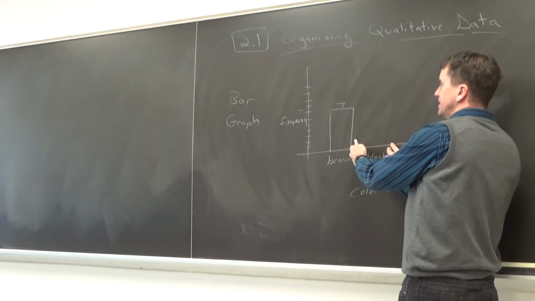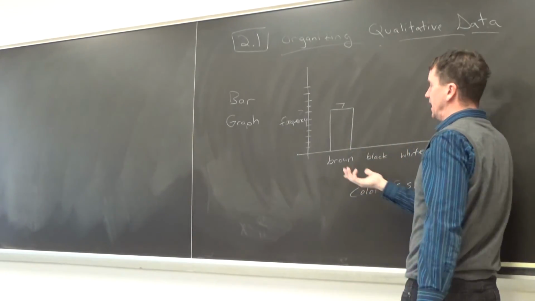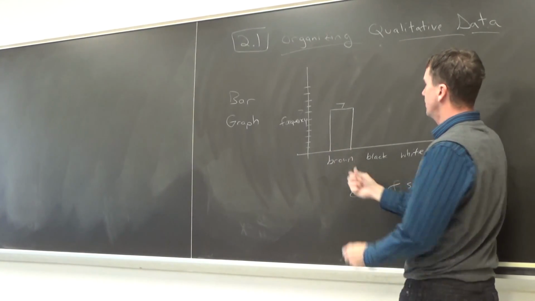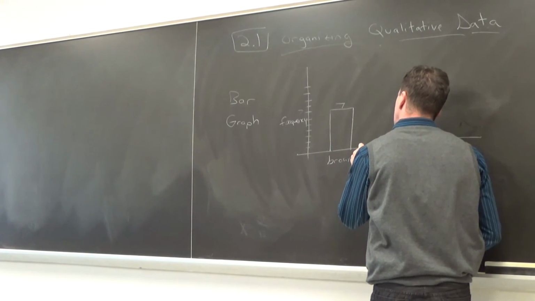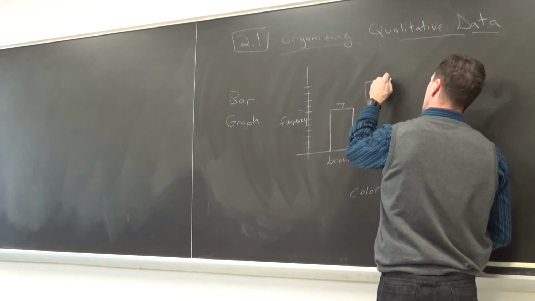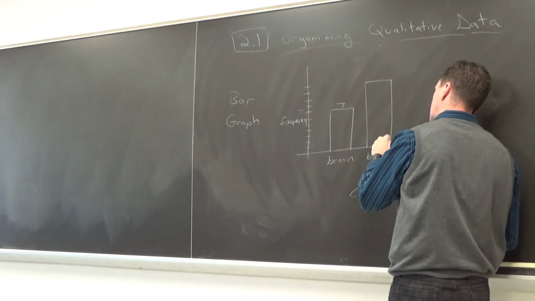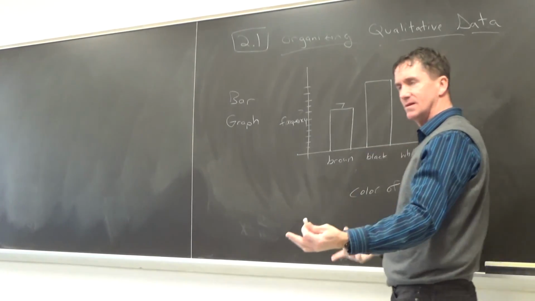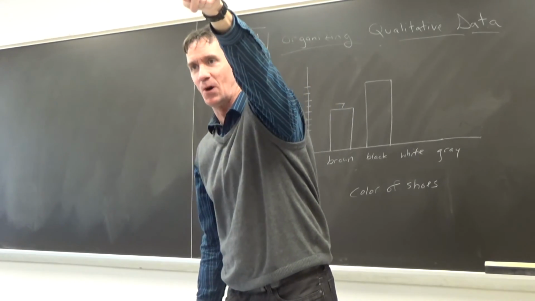When I make this rectangle, I'm doing this freehand here with the chalk, but I should make the width of the rectangle appropriate, similar to the width of that rectangle right there. Because if I made it much wider, you might go, hey, there's bias in your bar graph, right?